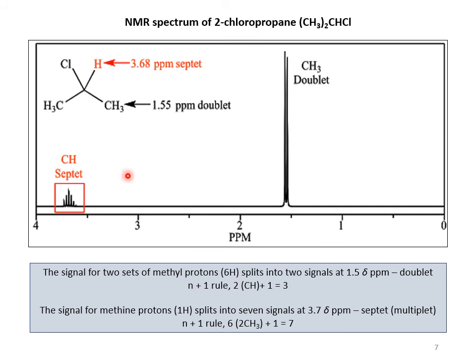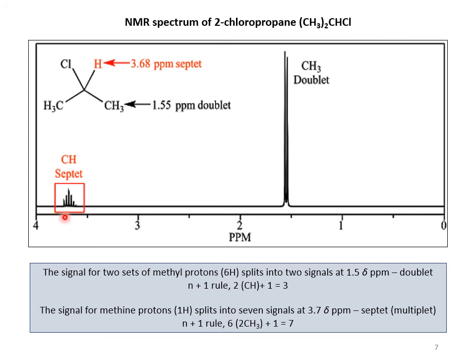And also you can easily see the difference in the height, since the signal for these two methyl groups corresponds to 6 protons, hence it is of longest height, and this methine proton has only one, so the height is very less compared to the height of the methyl protons.